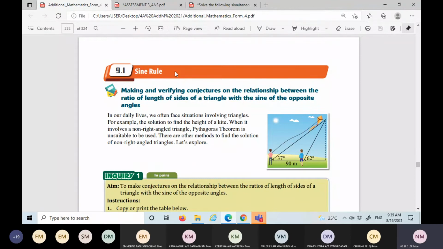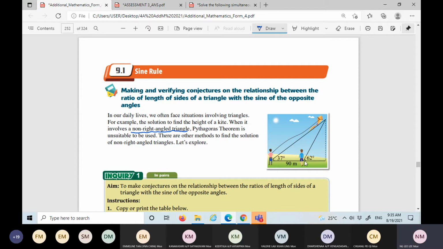Just now you had the right angle triangle. For these chapters, actually, we want to learn when you do not have a right angle triangle. Like this example, we ignore the dotted line here.